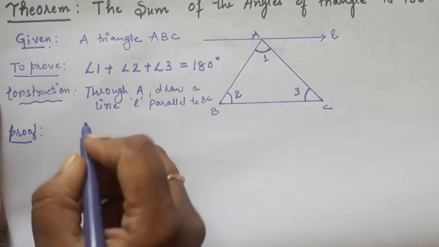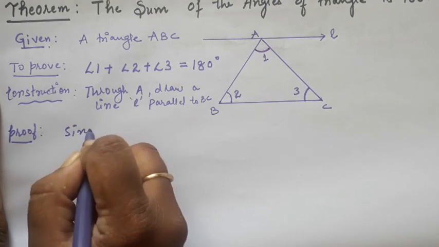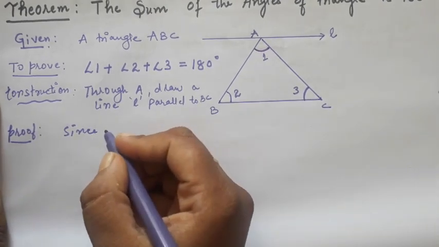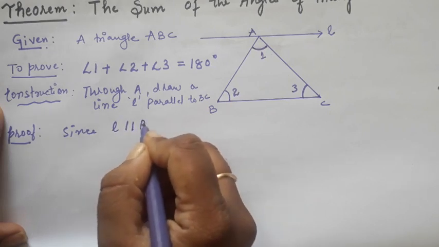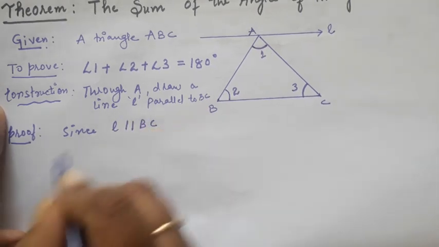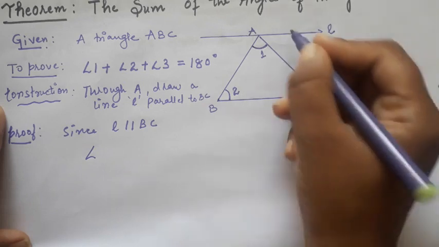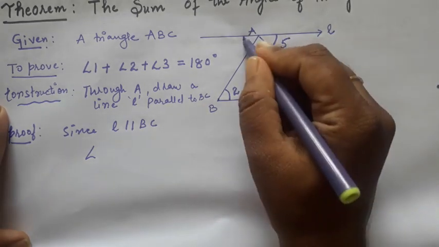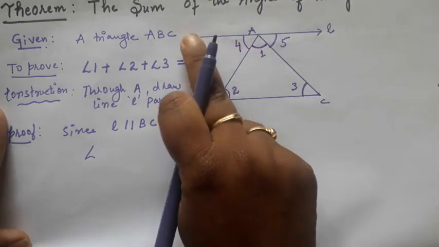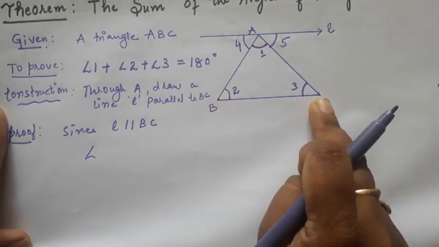Now let's move to the proof. Since L is parallel to BC, if I mark this angle as angle 5 and this as angle 4, this line is parallel to this line.